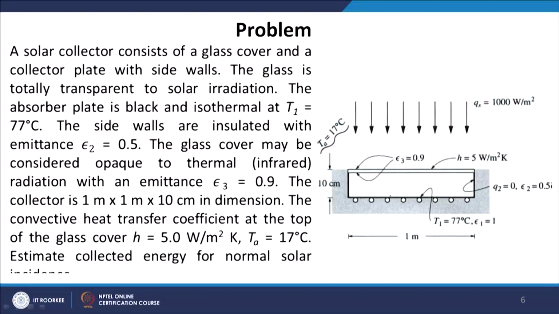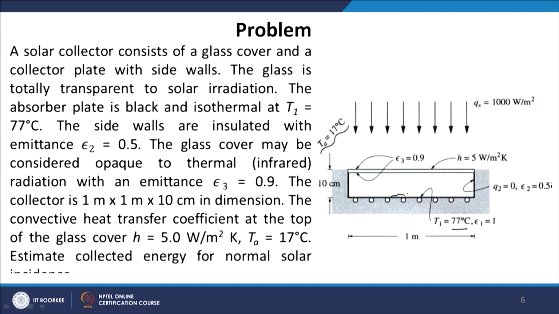In this problem, we again have a solar collector. The solar collector basically consists of a collector plate. The plate has a temperature of 77 degrees C. It is black, so the emittance is 1.